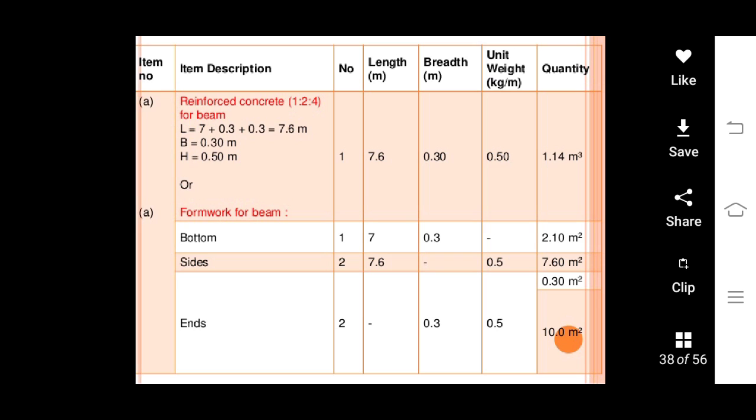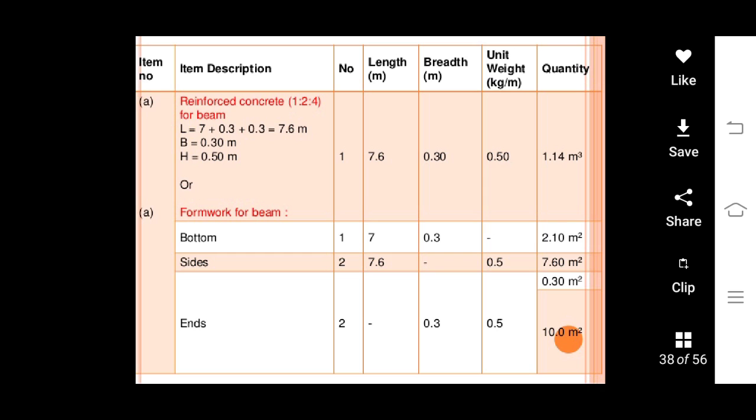Now the first item is reinforced concrete having proportion 1:2:4 for beam. The beam concreting can be calculated by multiplying length, width, and breadth or depth. That is, L is equal to 7 plus 0.3 plus 0.3, which is 7.6. Breadth is 0.30 and height of beam is 0.50 meters.